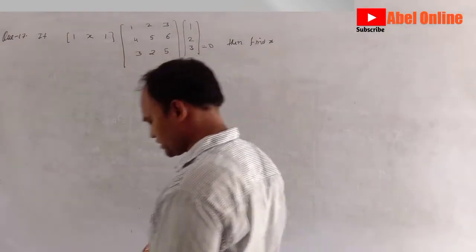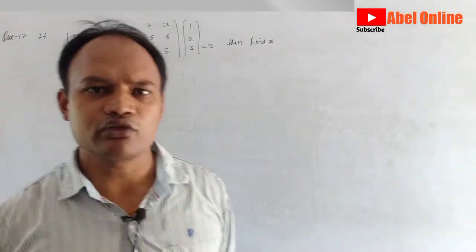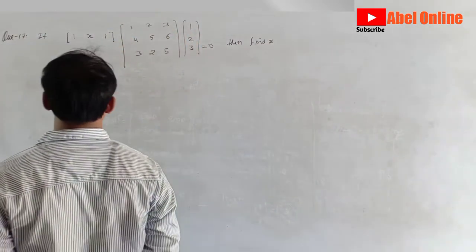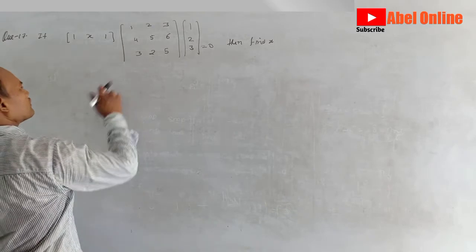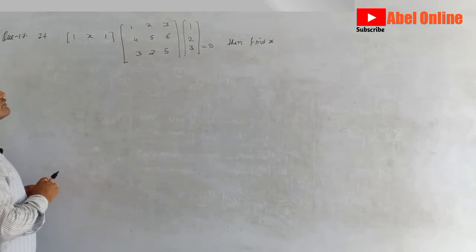So students, this is a very interesting question, and this type of question always comes in board exams, so it is very important for board classes. You have to solve this question yourself 2 or 3 times. Okay, so now we are going to solve it.